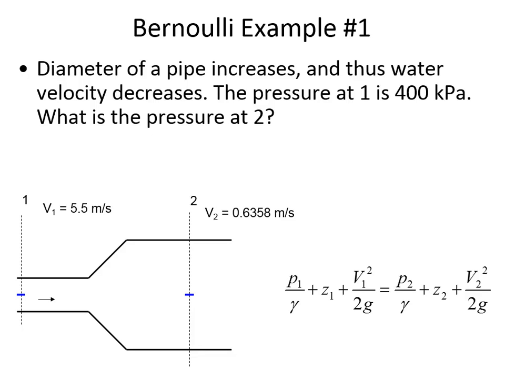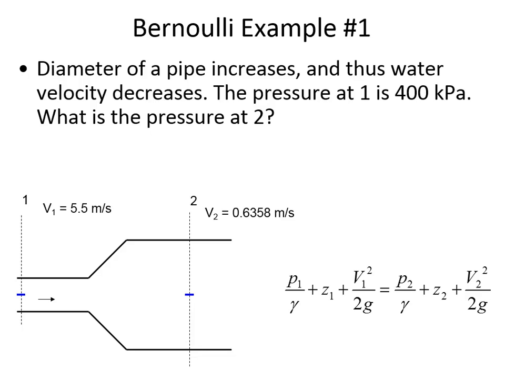And so if I just want to substitute in the values, I've got 400,000 newtons per meter squared divided by 9810 newtons per meter cubed plus the velocity of 5.5 meters per second, square that, divided by 2 times 9.81 meters per second squared is equal to the unknown P2 divided by 9810 newtons per meter cubed plus the velocity 0.6358 meters per second squared divided by 2 times 9.81 meters per second squared.